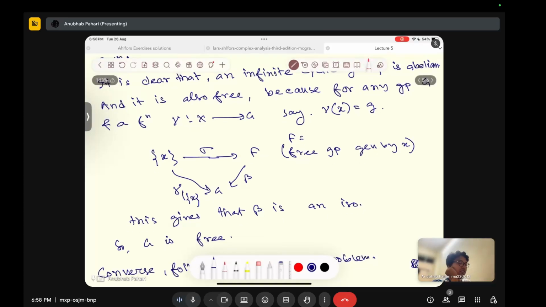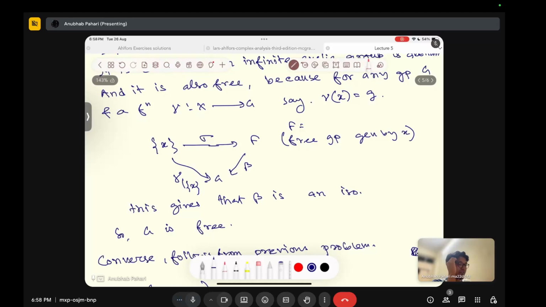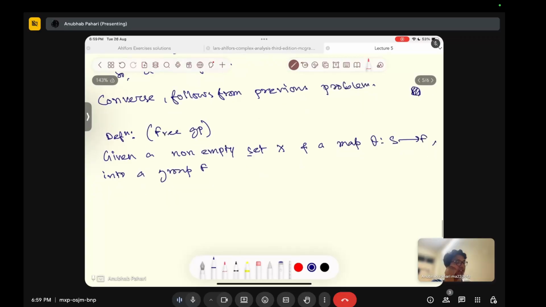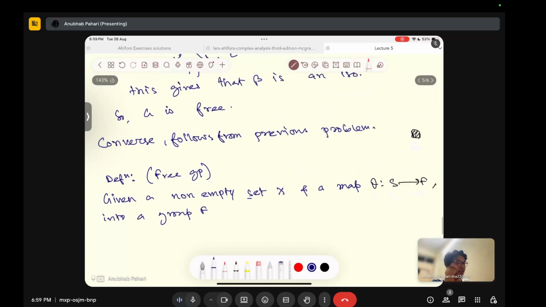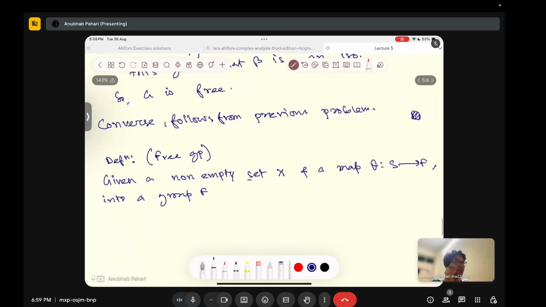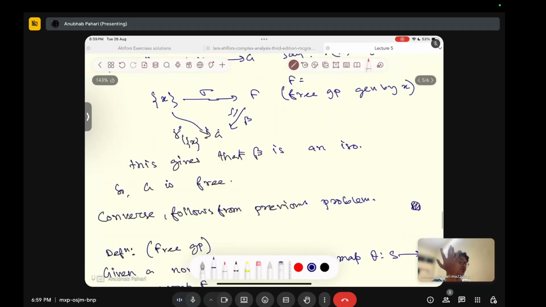And there is a map from the set of generators to the free group generated by them, and you already had a map gamma from capital X to G. I just restricted it to singleton X, and I am showing that there is an isomorphism between F and G. This is my goal. And if I define a free group as I wrote it, then it will be clear why this is a free group or why this is an isomorphism.